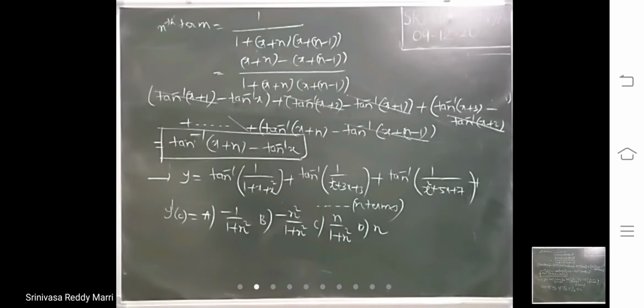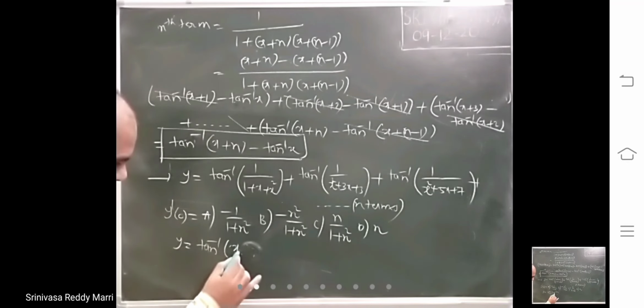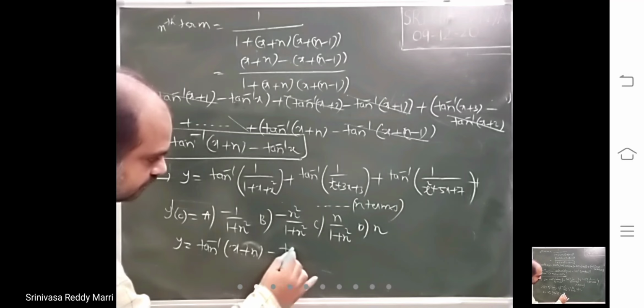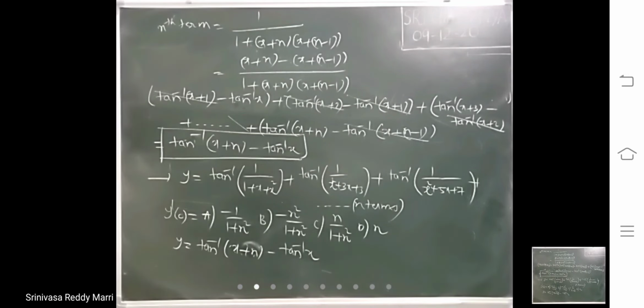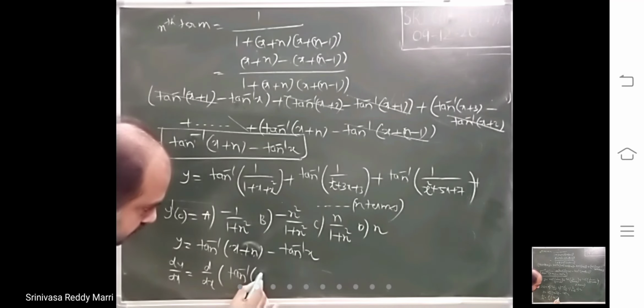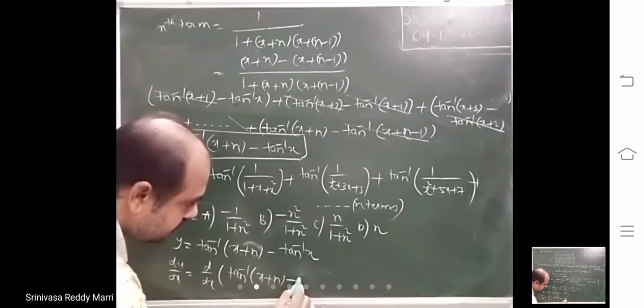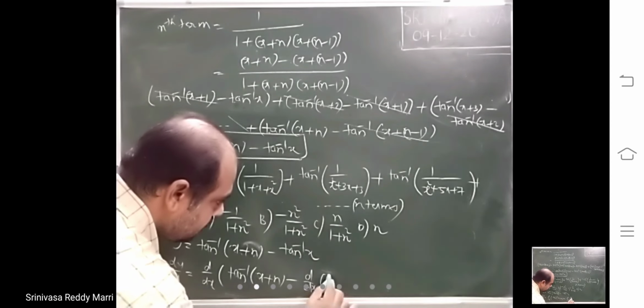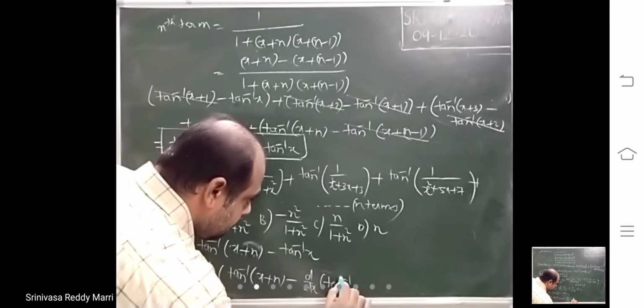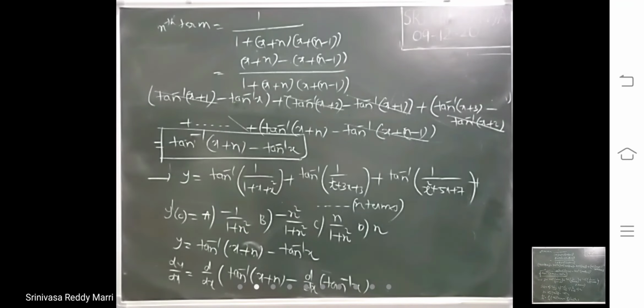What is that sum previously calculated? So this is the sum. You can now write the derivative.